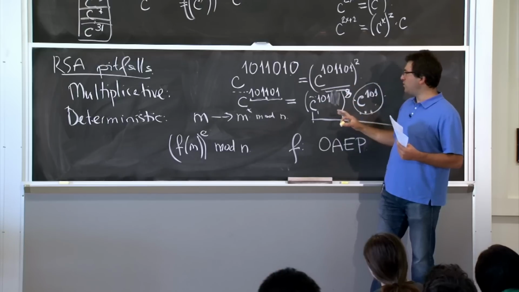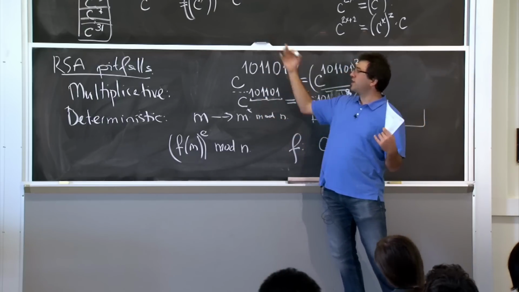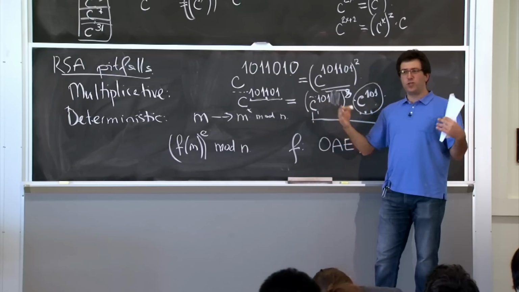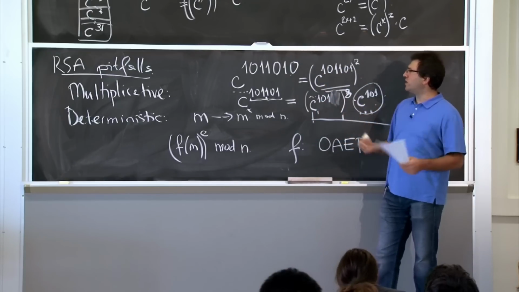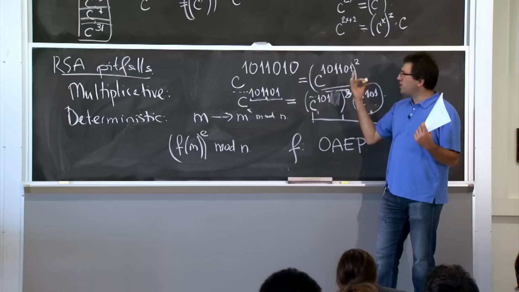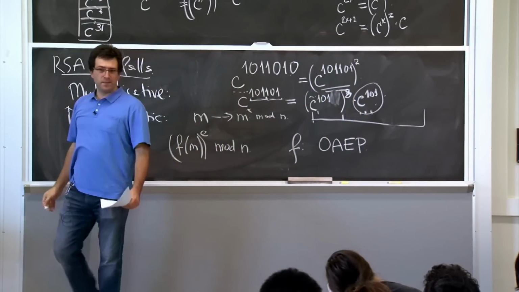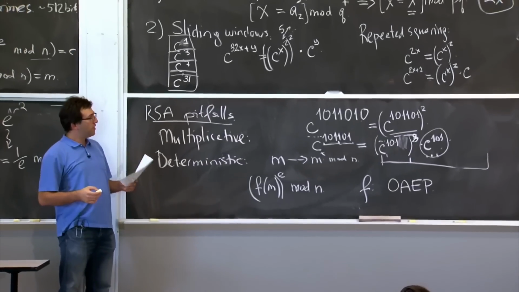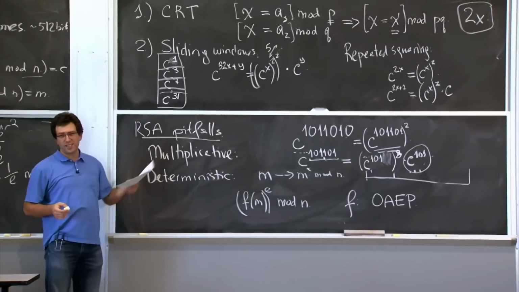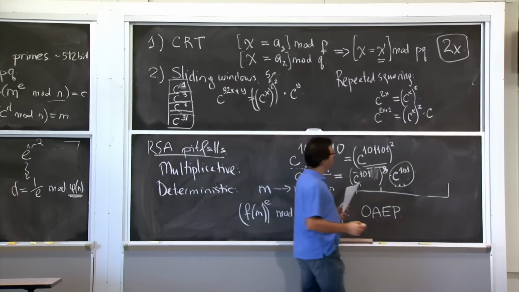With sliding windows, you're still going to do the 512 squarings, because there's no getting around that. But instead of doing 256 multiplies by c, you're going to hopefully do way fewer, maybe something on the order of 32 multiplies by some entry in this table. So that's the general plan. That's why it saves something, not as dramatic as CRT, not 2x, but could save you close to 1.5x maybe.